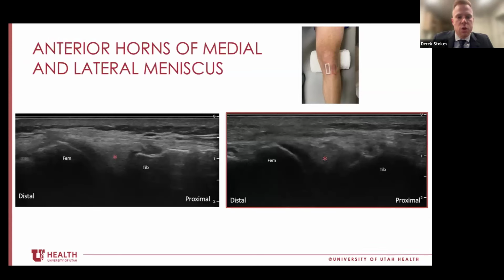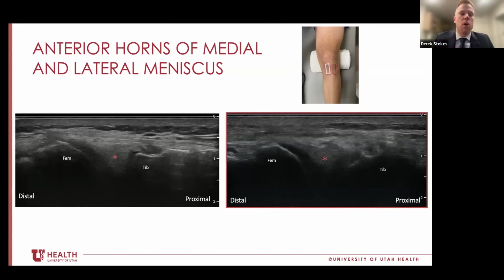Next, we'll look at the anterior horns of the medial and the lateral meniscus. This starts to get into the medial and the lateral knee scans. However, we wanted to keep this at the anterior aspect and just look at the anterior horns. The medial is going to be on the left and the lateral is going to be on the right. And the menisci are represented by the asterisk or the hyperechoic triangular structure between the femur and the tibia.